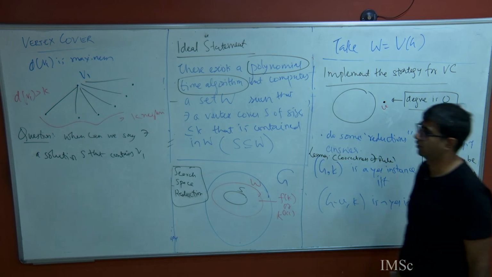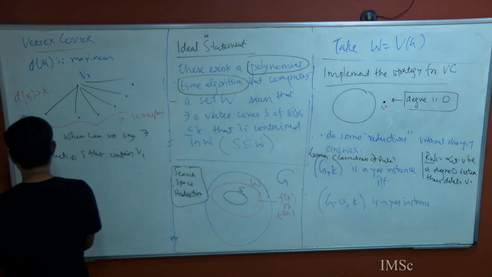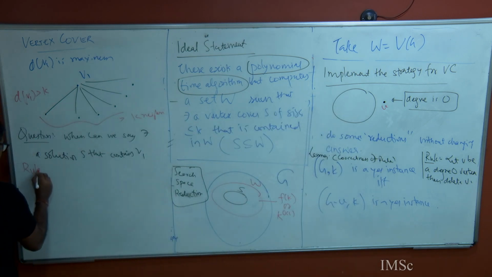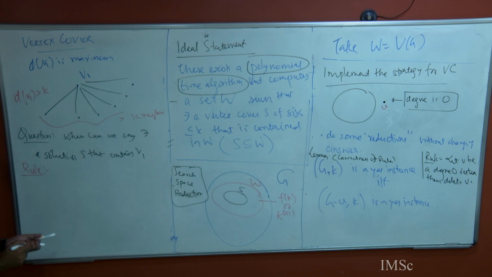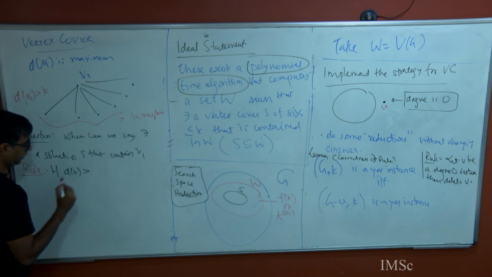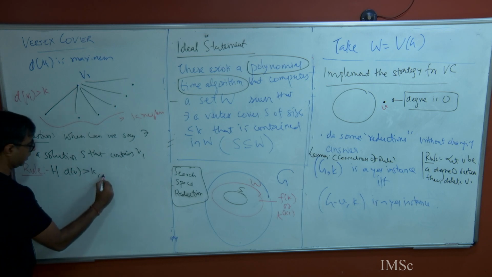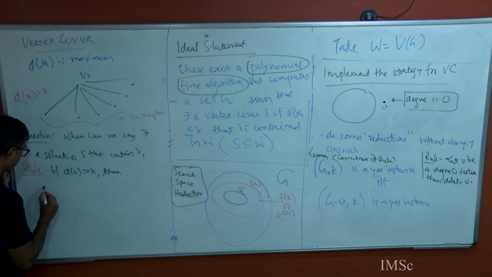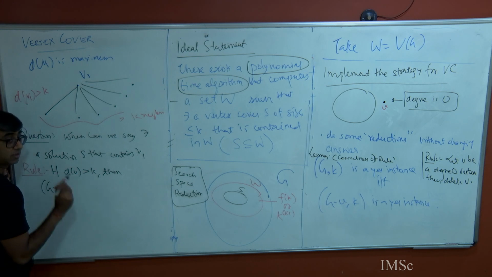So what should the rule be? If degree of V is greater than K, then the rule is G minus V, comma K minus 1.